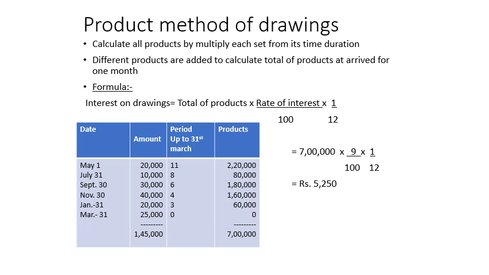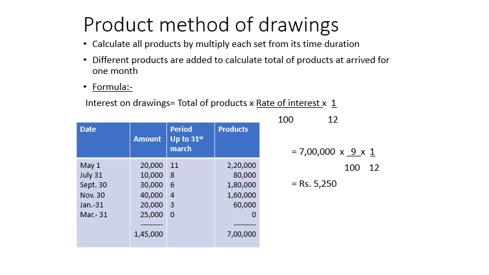November to 31st March is 4 months, January 31st to 31st March is 3 months, and for 31st March, the one day, it will be zero. But if it is 1st March, then 1 month will be charged. So we need to calculate the time period for all the dates of drawings.